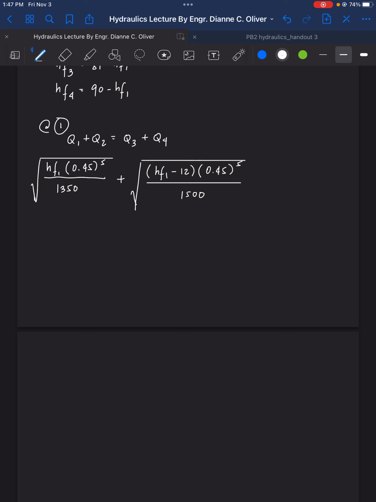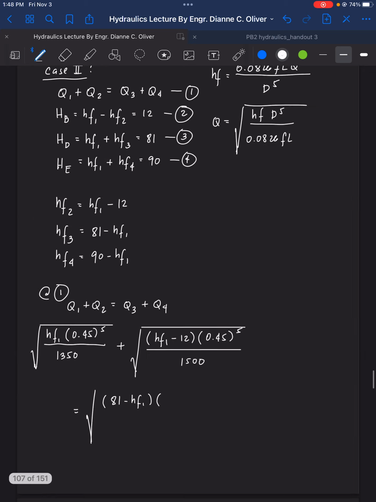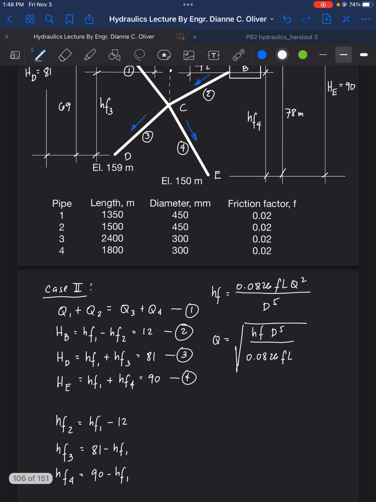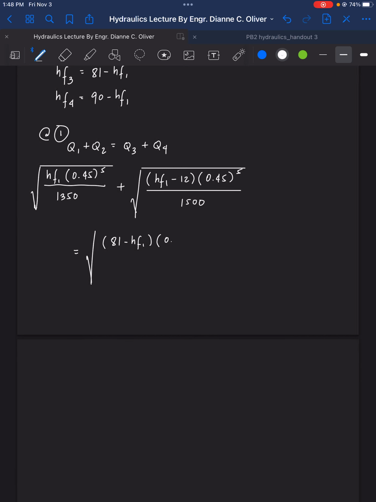That is equal to Q3. So for Q3, that is the square root of 81 minus HF1. The diameter for pipe 3 is 300 and the length is 2400. So 0.3 raised to 5, then the length is 2,400.